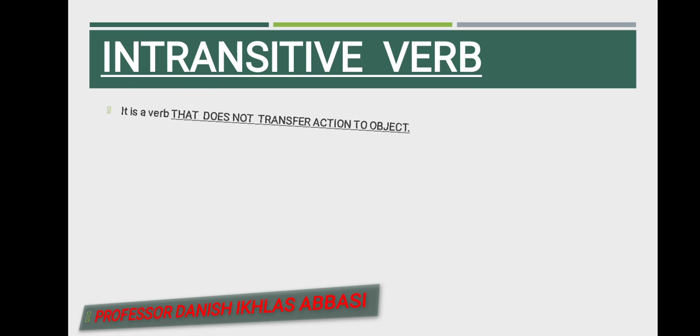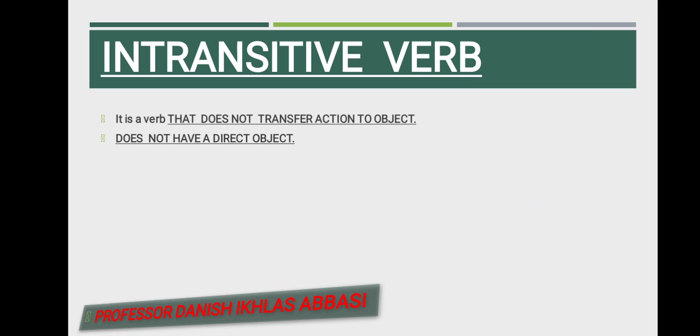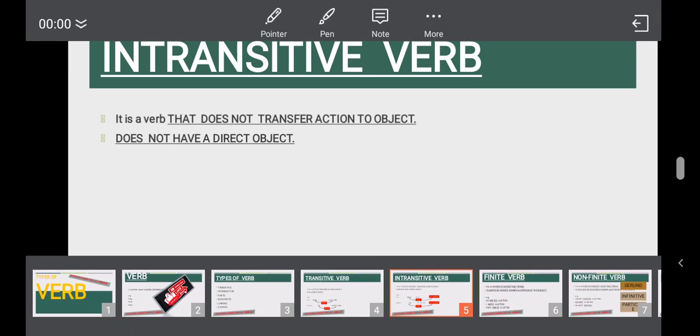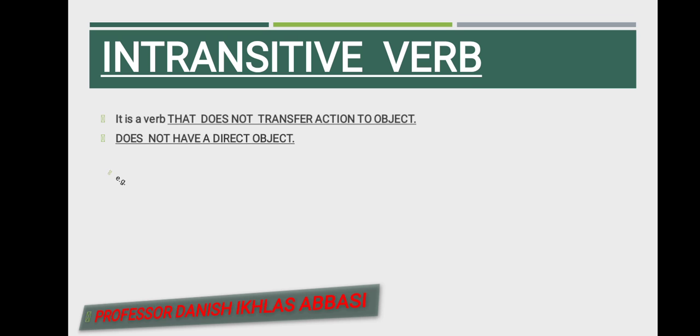Now, an intransitive verb is one that does not transfer action to the object and it does not have a direct object. For example, look at these sentences. The first sentence is he runs fast. Now here the verb again is run, just like in the previous example, he runs a factory.